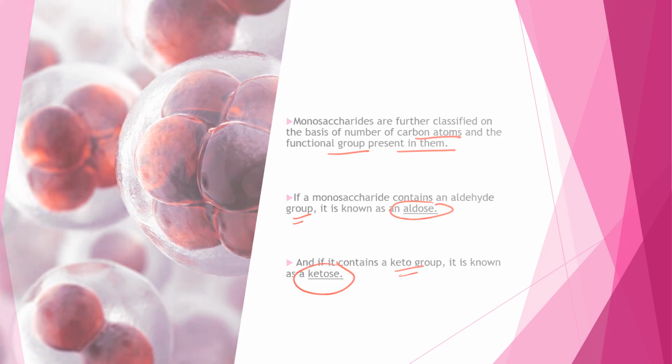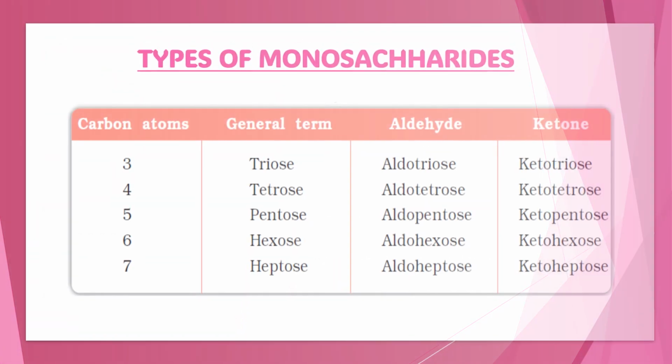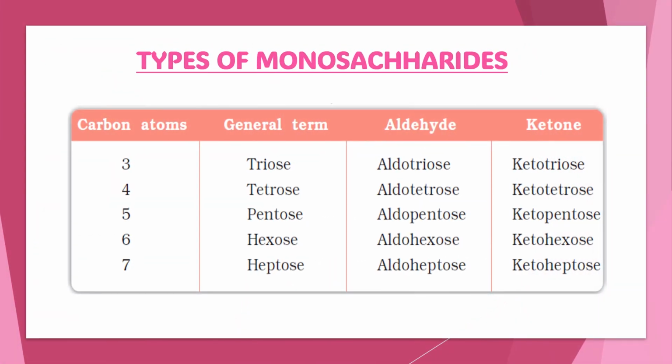Monosaccharides are basically those carbohydrates which do not hydrolyze further. They are the simplest form. If the carbon number is 3, the general term is triose. If an aldehyde is present, it is aldotriose. If a keto group is present, it is ketotriose. Similarly, with 4 carbon atoms, the general term is tetrose: aldotetrose and ketotetrose.